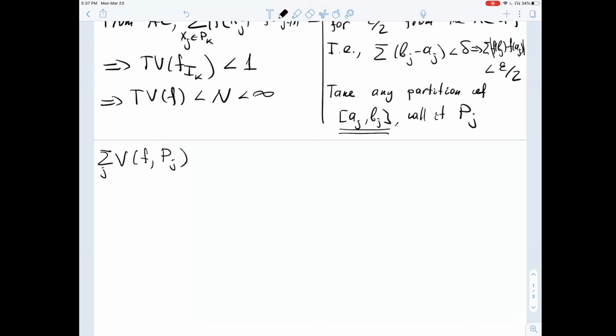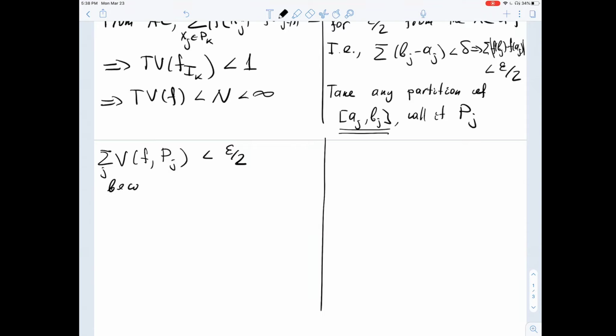Well, Pj is a partition of [aj, bj], so the sum of the lengths of the intervals in Pj, as before, is exactly equal to the length of [aj, bj]. And so the sum of all the lengths, because they're not overlapping, is less than delta. And so this is less than epsilon over 2.